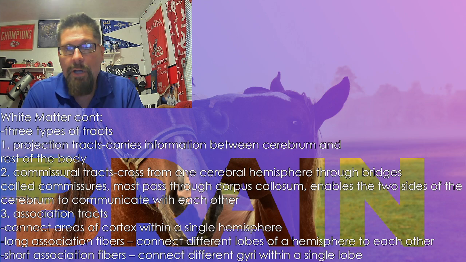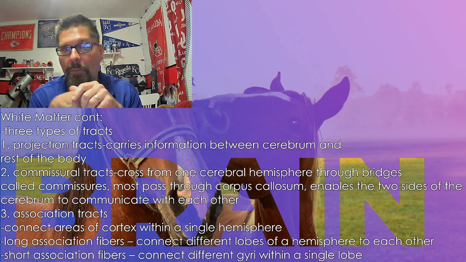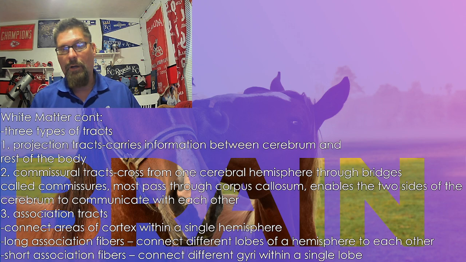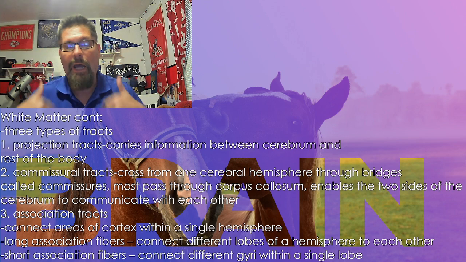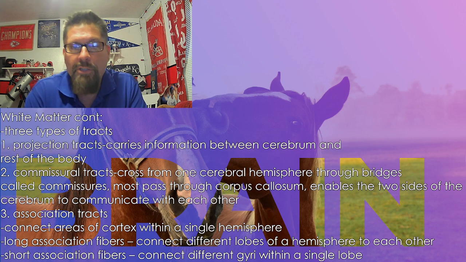The commissural tract is what goes through the corpus callosum as it moves from left to right, and then down into the association tracts, which take it from the brain out to wherever it needs to go. And as I said, we'll see pictures of this.